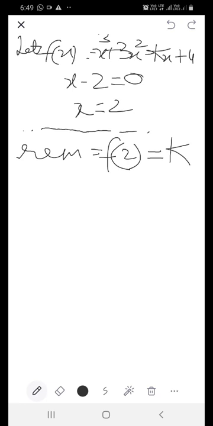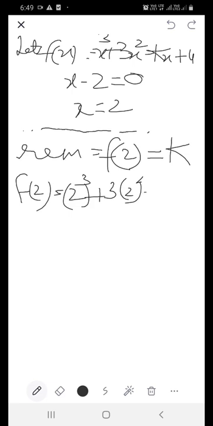Now we are going to find f(2). f(2) is equal to 2 cube plus 3 into 2 square minus k into 2 plus 4. I'm going to substitute the value of x as this. Now put the value of f(2), which is the remainder and given in the question, as k.